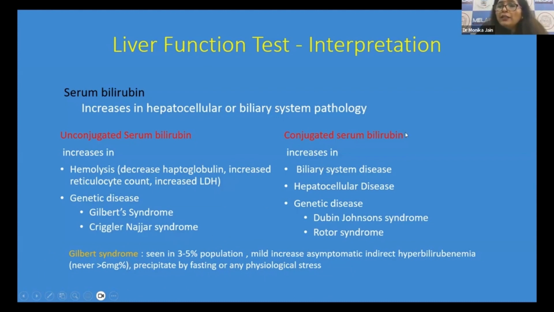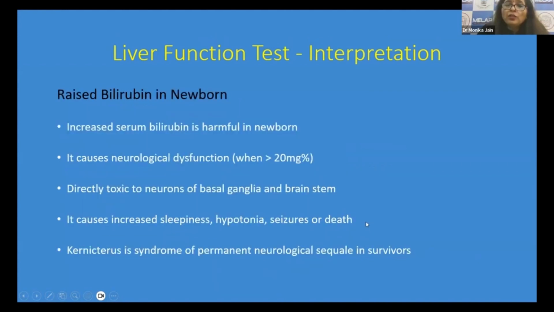Then comes conjugated serum bilirubin. It is increased in biliary pathology, hepatocellular injury, and some genetic disorders like Dubin-Johnson syndrome and Rotor syndrome. If this bilirubin is high in a newborn, that is a major problem, because it is very harmful for the newborn, especially when the bilirubin level goes beyond 20. This can cause neurological dysfunction. It is directly toxic to the neurons of the basal ganglia and brain stem.